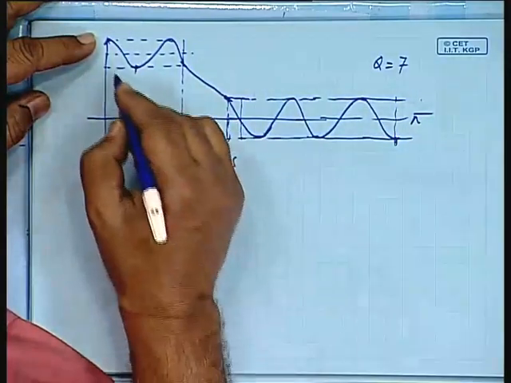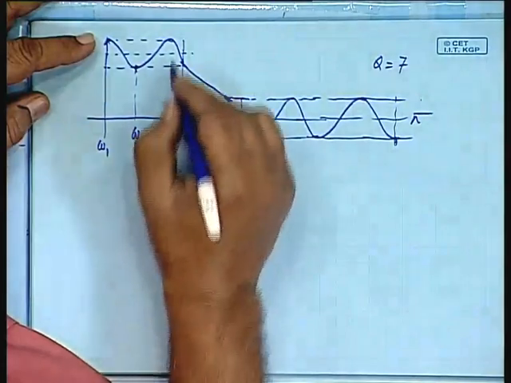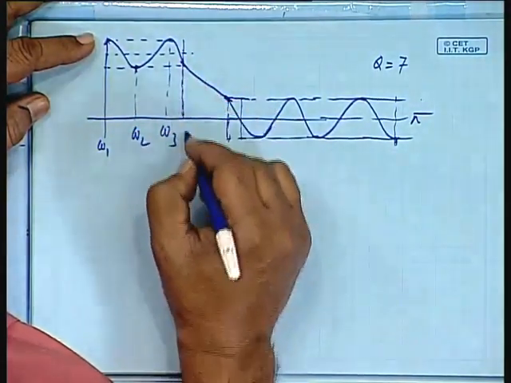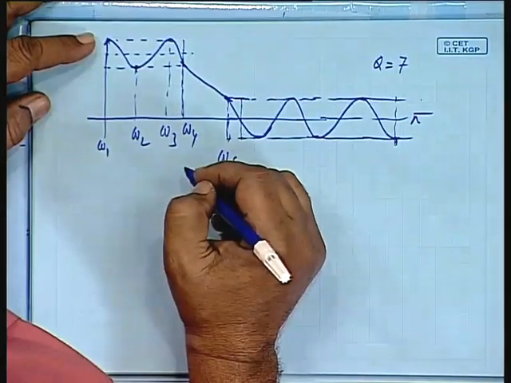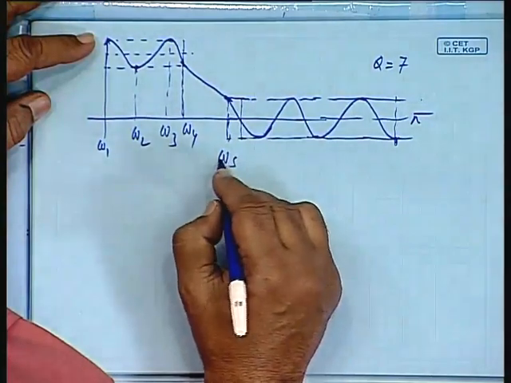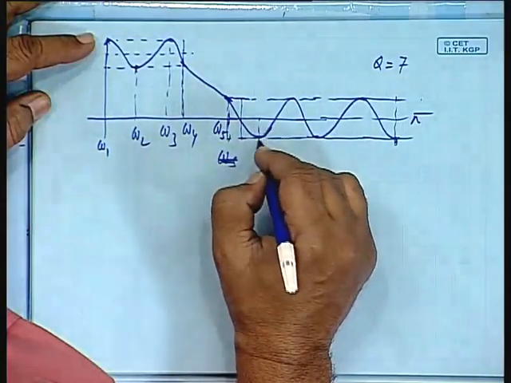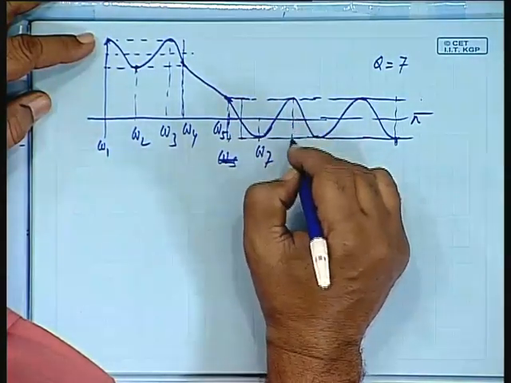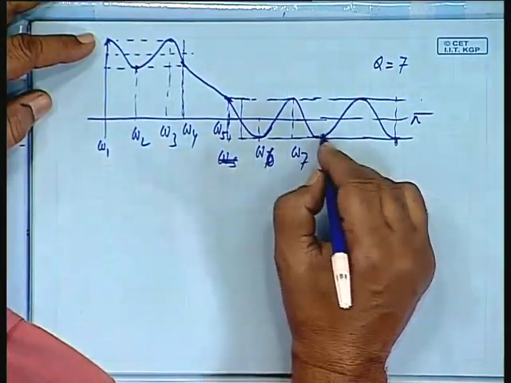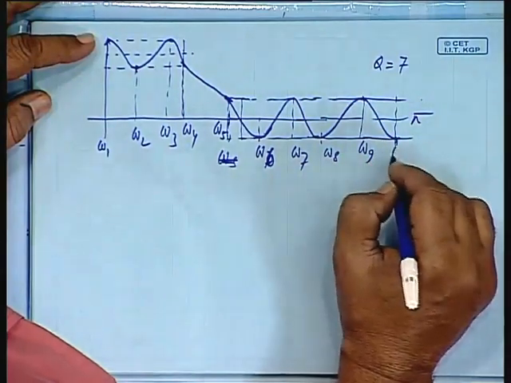So, in this particular case, omega 1, omega 2, omega 3, omega 4, omega 5, omega 6, omega 7, omega 8, omega 9, omega 10.